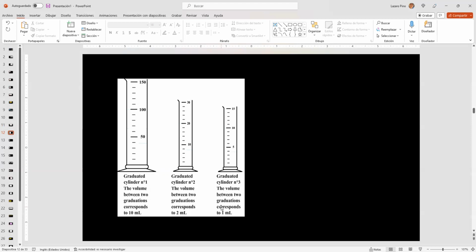This is the accuracy of this instrument. Every instrument has a scale, and the smallest amount that you can measure using every one of these instruments is the precision of this instrument.